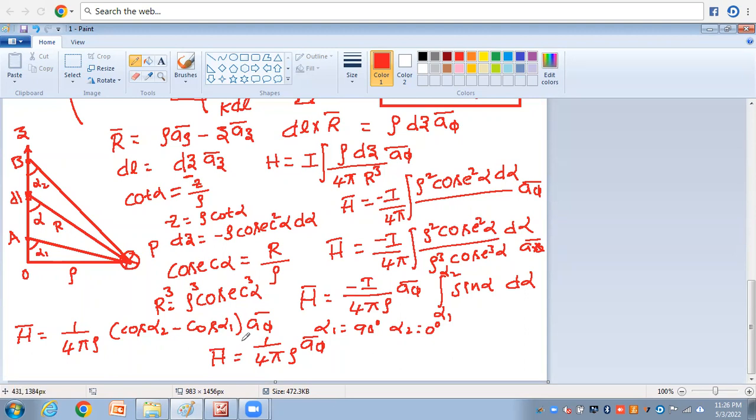This is about Biot-Savart's law. If you go with different angles, alpha 1 equal to 180 degrees, alpha 2 equal to 0 degrees, then the final result is H bar equal to I by 2 pi rho into a phi bar.